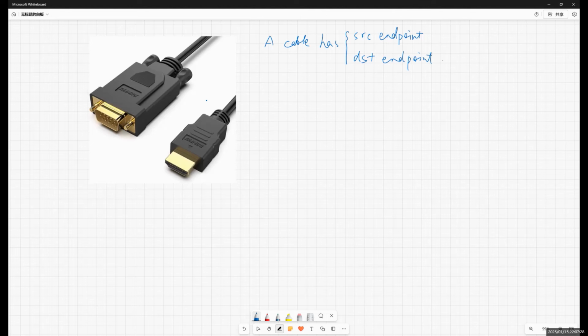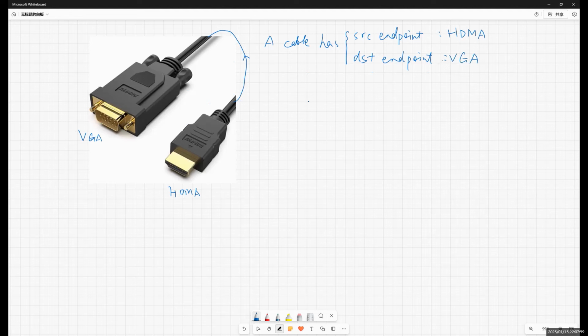Here is a cable that converts signal from HDMI to VGA. The digital signal flows in the cable in a direction like this. So the source endpoint is HDMI, and the destination endpoint is VGA.